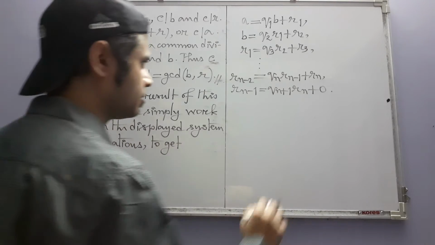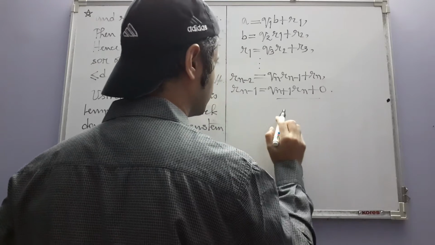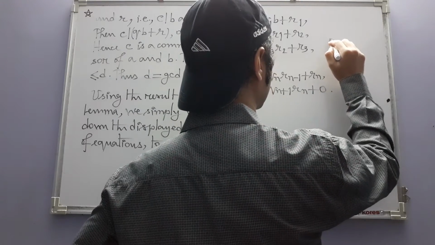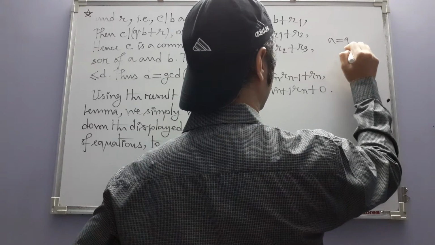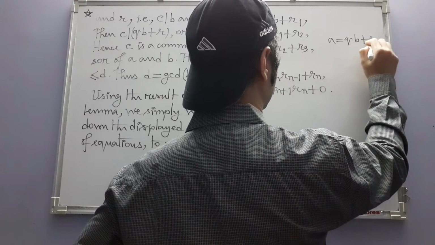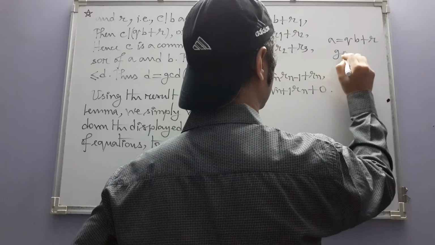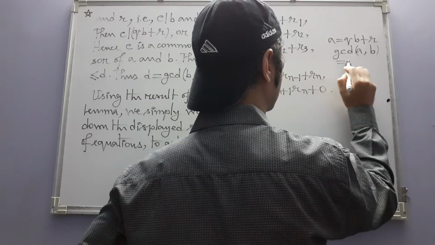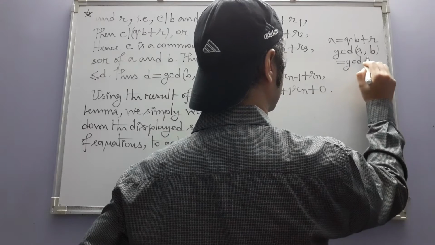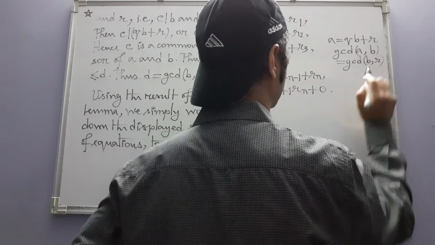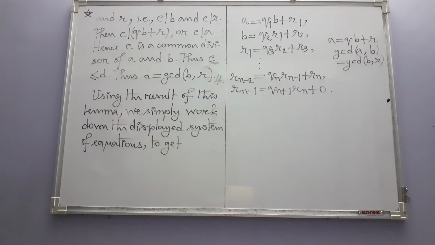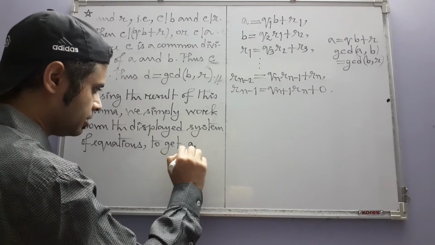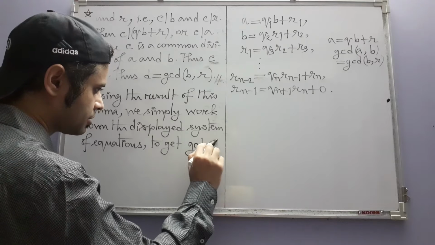So let us also write, because we are going to use this fact, that if A is QB plus R, then GCD of A and B is equal to the GCD of B and R. So GCD of A and B is what we start with.